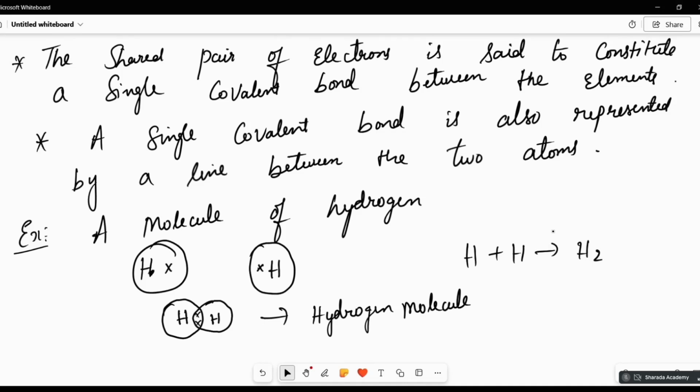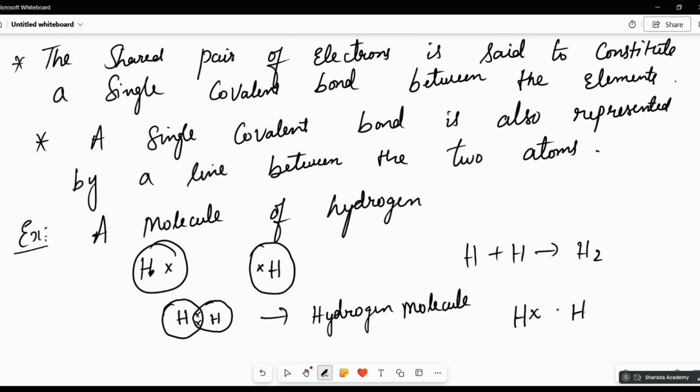One covalent bond means one pair of electrons is shared; we call it a single covalent bond. Hydrogen has one electron. So if you take two hydrogen atoms, each has one electron.